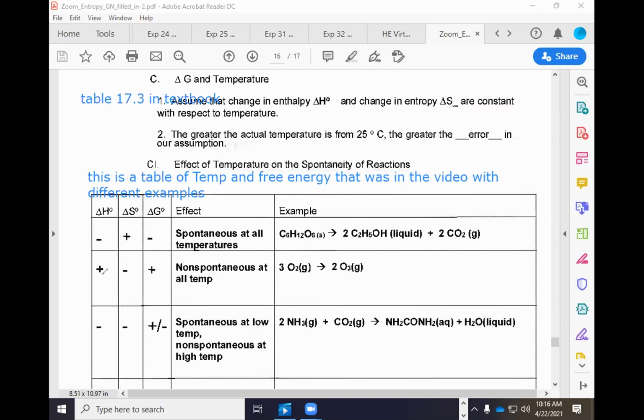And then if you have a gain, like this is endothermic, and you're losing entropy, and of course, if we know the delta G is then going to be positive, that will be non-spontaneous at all temperatures. And this is an example.